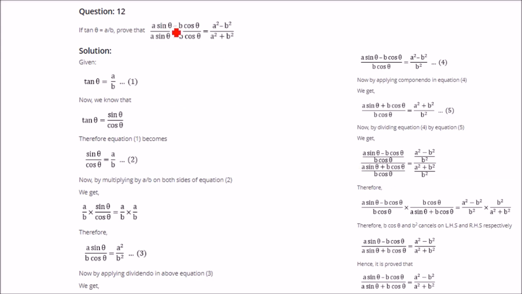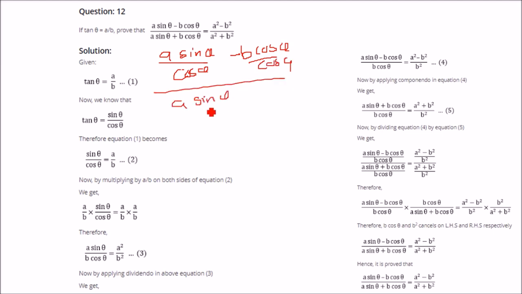I'll divide both sides by cos theta. Means numerator and denominator by cos theta. So a sin theta minus b cos theta. I am dividing the whole by this cos theta. Then you have a sin theta by cos theta plus b is cos theta by cos theta.